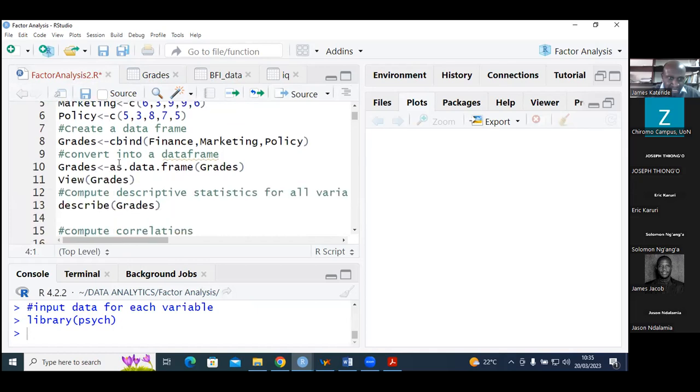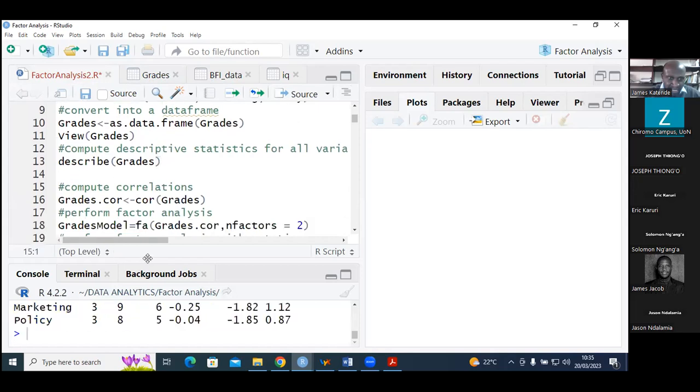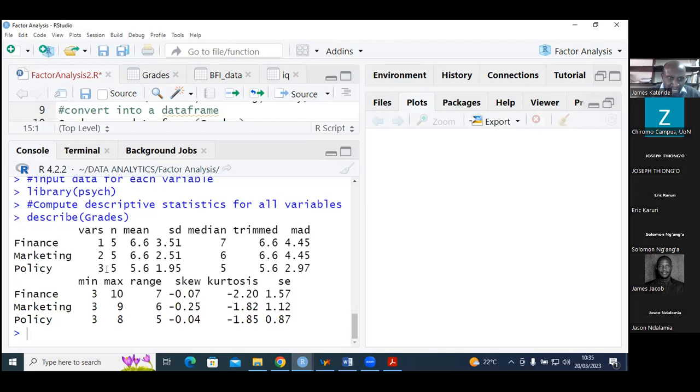So I have to load it, then I can go and run this. So this will give us a description of the variables with some descriptive statistics. So it gives us the minimum values, score is 3 in all, maximum is 10 in finance, 9 in marketing, and 8 in policy. We have the skewness and kurtosis.